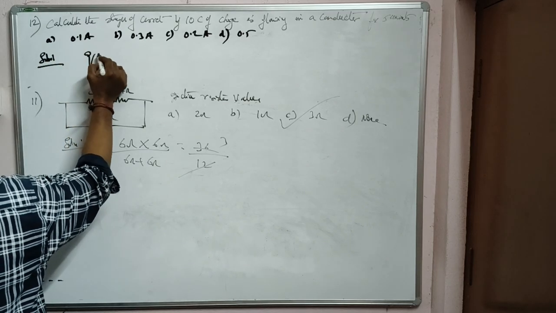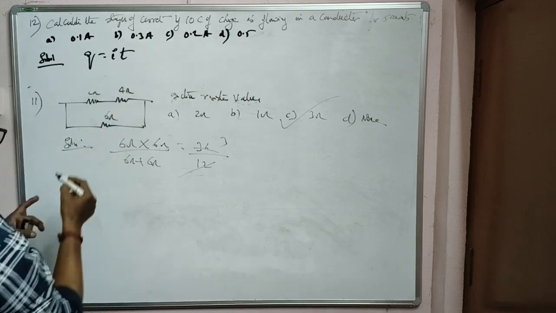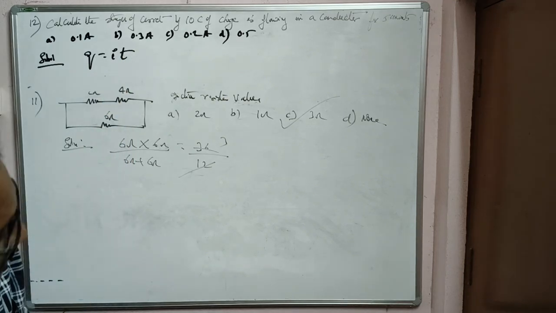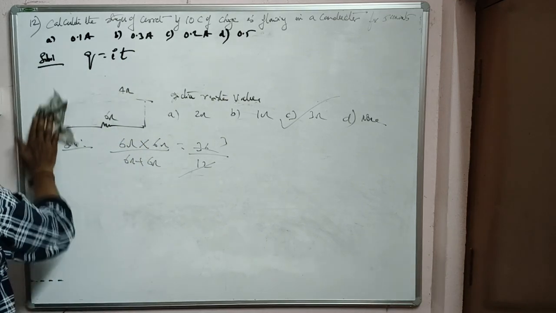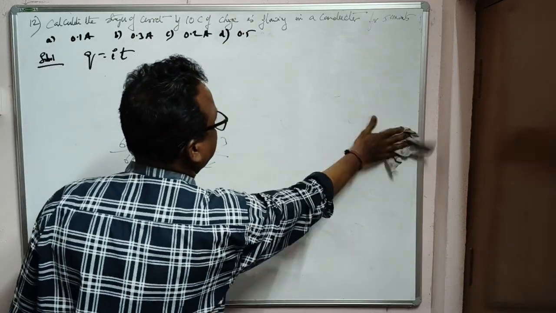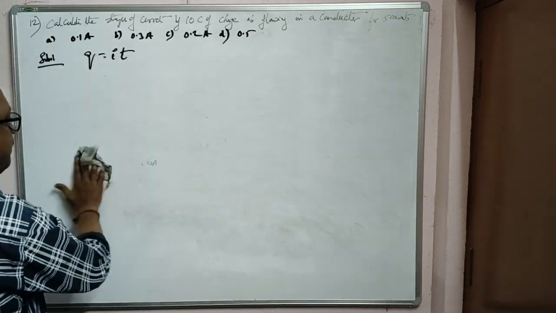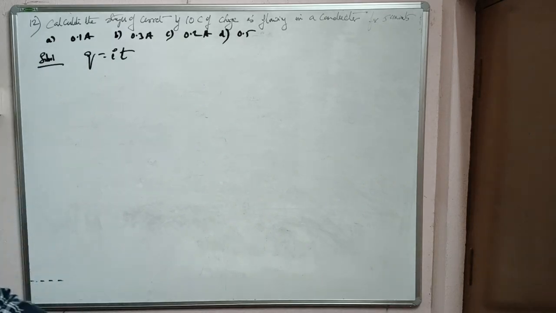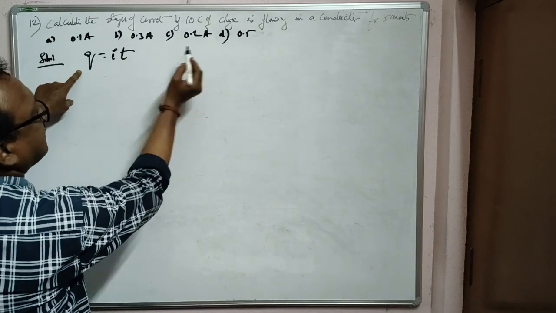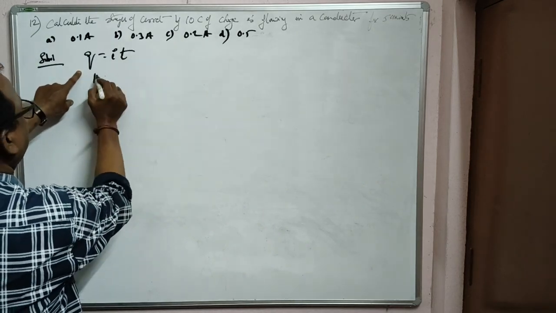Use the formula Q is equal to I T. Already I told you in the beginning of the chapter regarding the concept. Clear, all of you? Now apply the formula. Charge is already given, 10 coulombs.